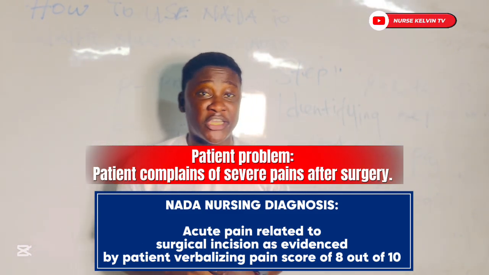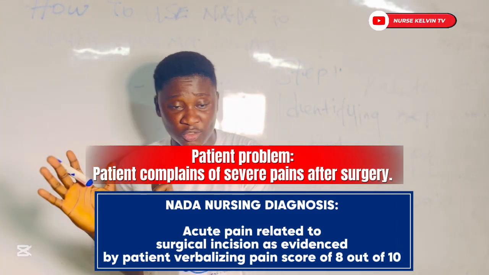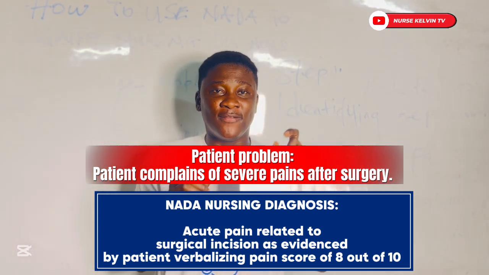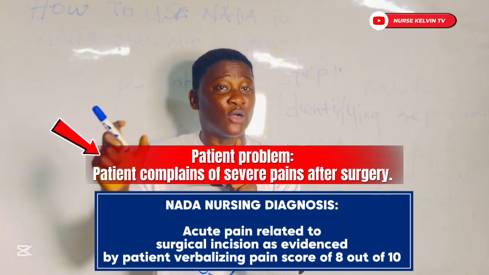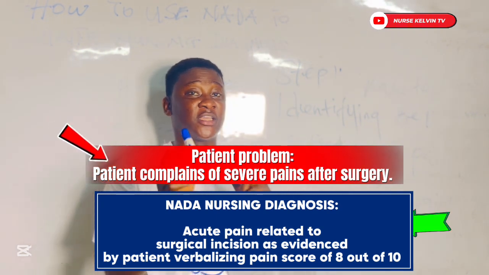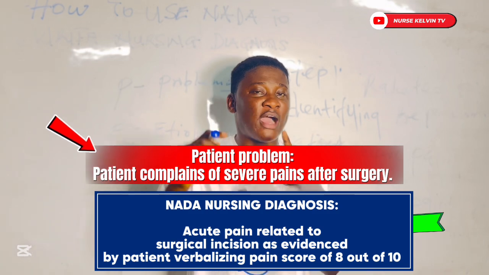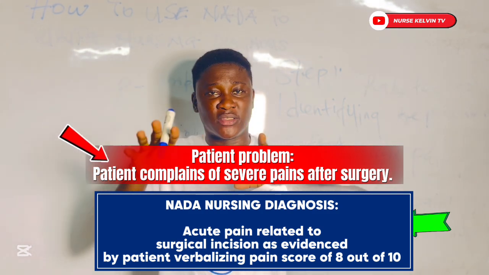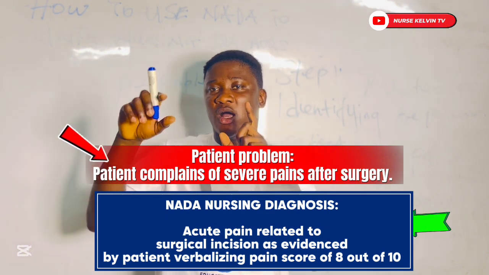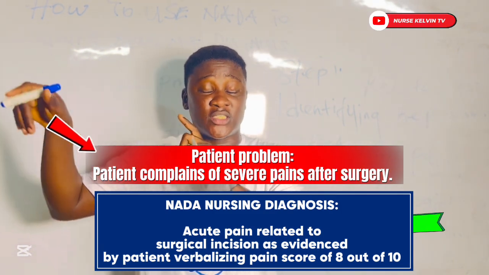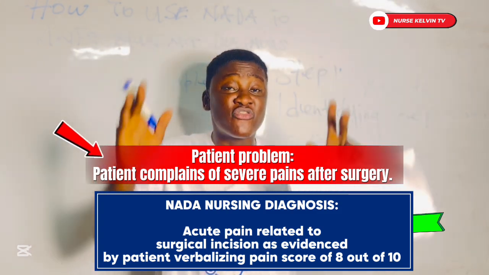Let me take you through the pain scale. The pain scale is used to check for pain. 1 to 3 means mild pain. Then 3 to 6 is moderate pain.